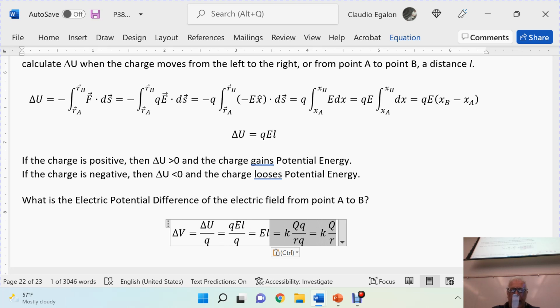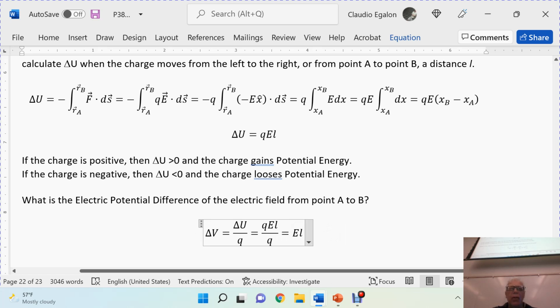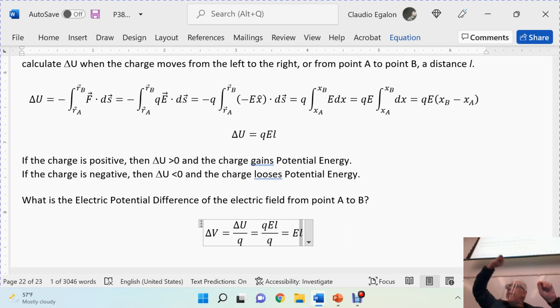So the electric potential increases linearly with the distance. Is that what you got for the experiment? The first experiment that we did? Did you get the electric potential increases linearly with the distance from the two plates? You did, right? It was a straight line when you plot V against X.